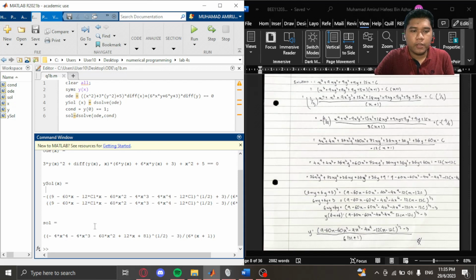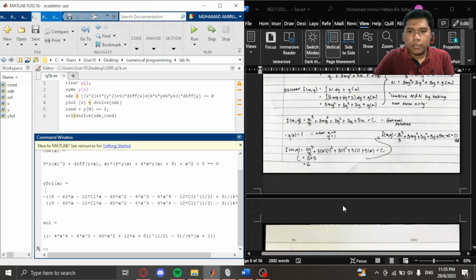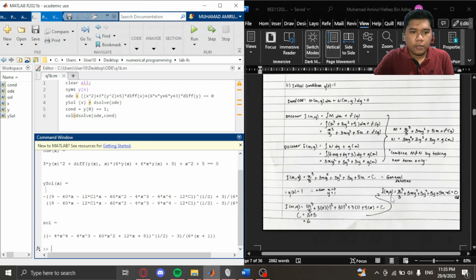And then moving on to the initial condition, the particular solution, we could see that the answer is different, because using the equation from MATLAB and inserting the values of x and y, we could see that C is equal to -6, while our calculation obtains C equal to 6.